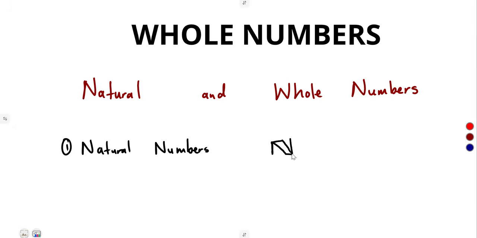This is what you are going to have as the representation for the natural numbers. Just put an N there, you're done.